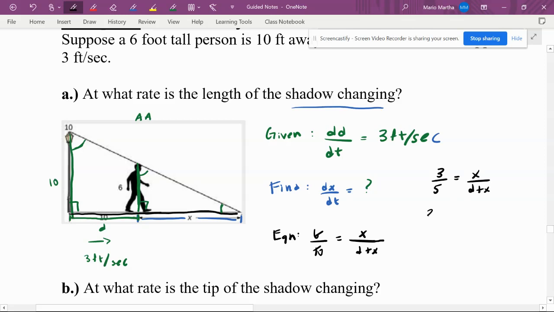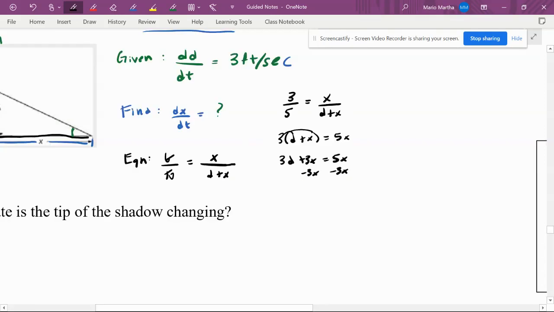Cross multiply, and you're going to get 3 times (d plus x) equals 5x. Distribute, so 3d plus 3x equals 5x. We subtract 3x from both sides and we end up with 3d equals 2x.